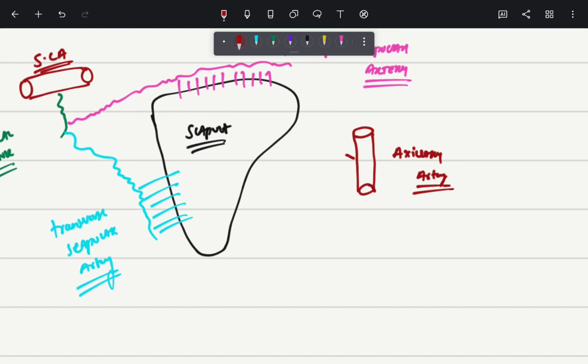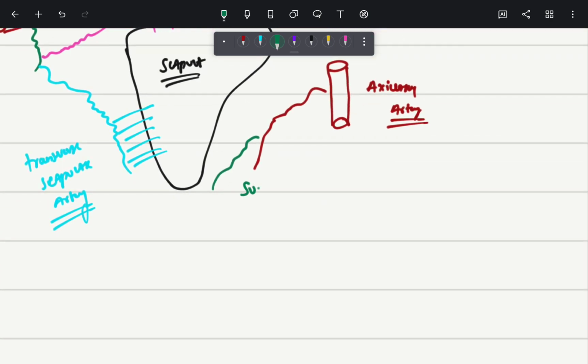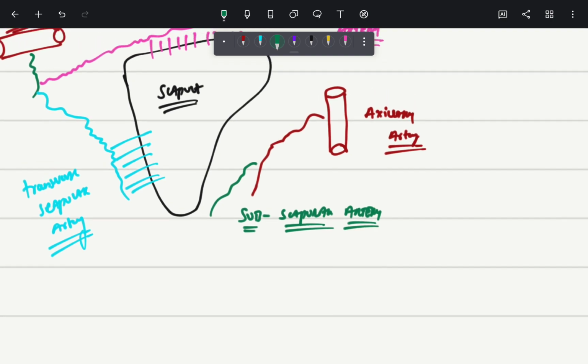And one of the branches of the axillary artery is your subscapular artery. Now eventually this subscapular artery is going to supply the lower part of the scapula. Hence it is called as your subscapular artery.